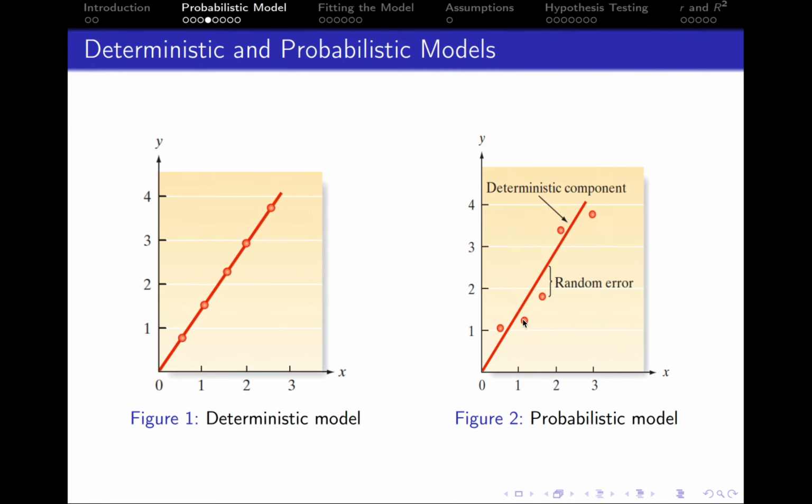However, in the probabilistic model, the straight line that is constructed does not always include the values of x and y. When those values don't lie on this line, the difference between the line and the observation of x and y is the random error, whereas the straight line is the deterministic component.